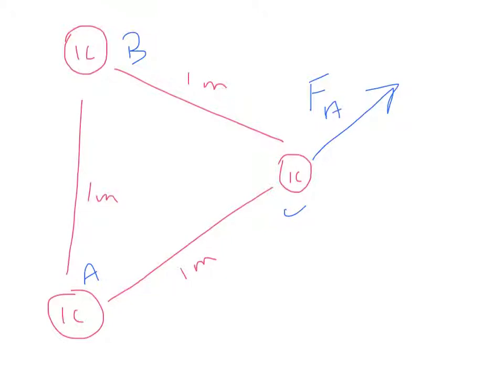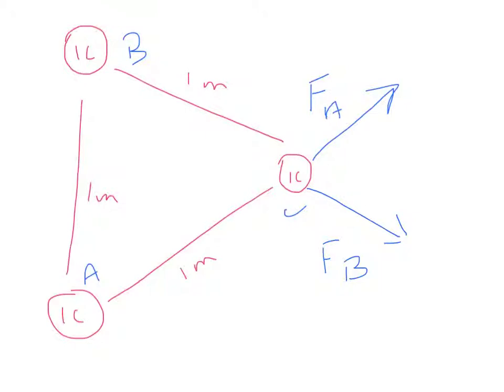If I just look now at these 2, what I'm now going to do is I have this, and this is F, B. So I get the force from A and the force from B. And now what I'm going to do is put them together. Now when we're adding vectors, remember we always draw vectors tip to tail.